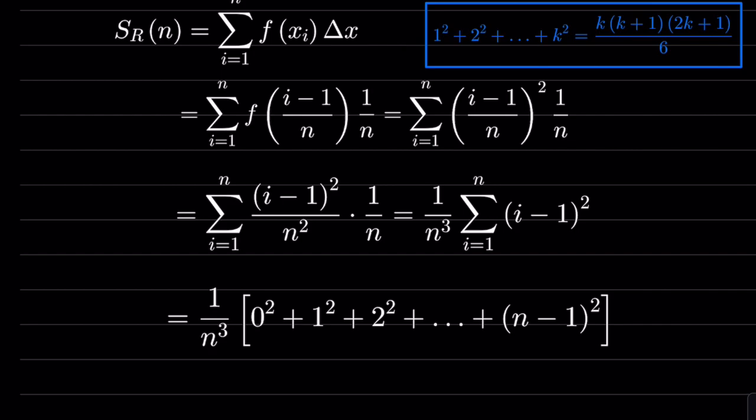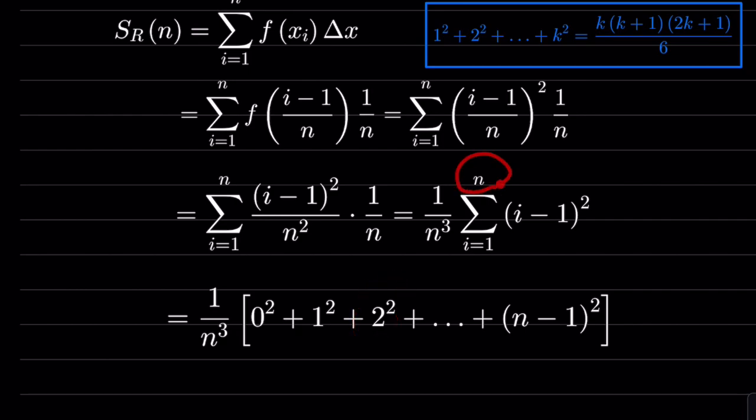Here we're using the sigma notation, and what this means is: start from 1 all the way to n, substitute i by 1, 2, 3 all the way to n, and add up these numbers. If you substitute i by 1, you will get 0 here. If you substitute i by 2, 2 minus 1 will be 1, so you get 1 squared, and then similarly you will get 2 squared all the way.